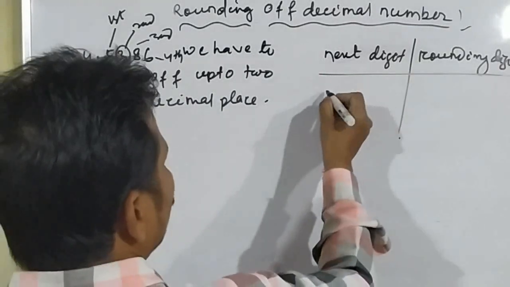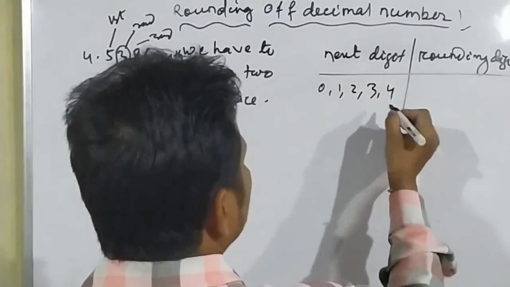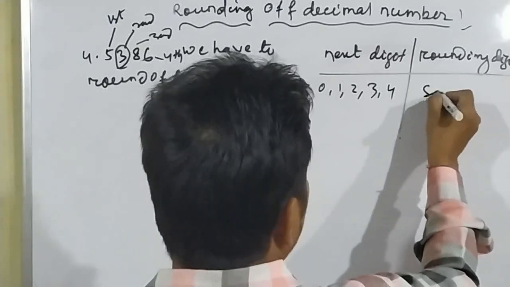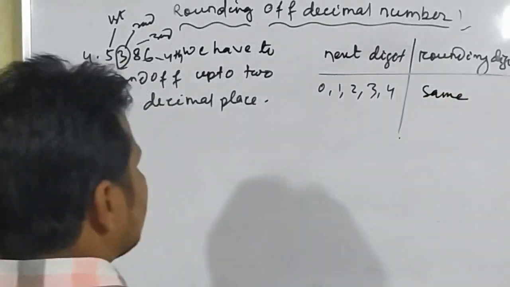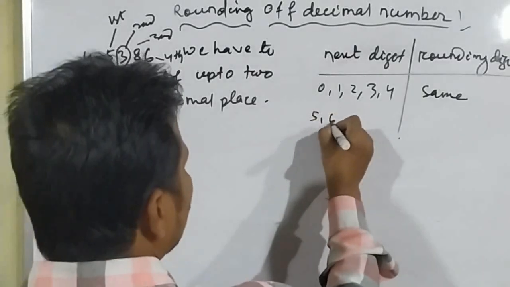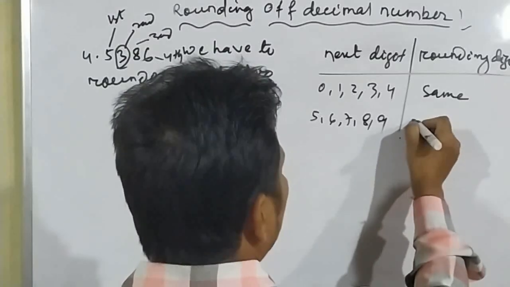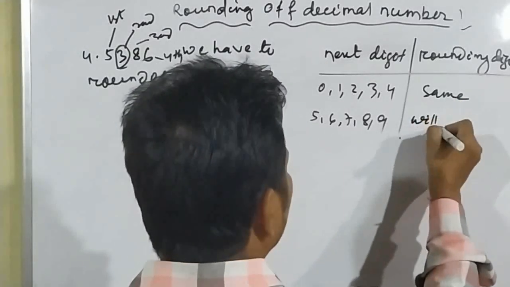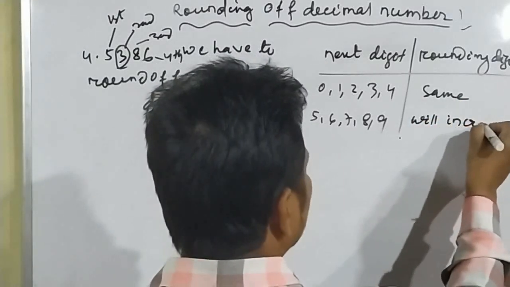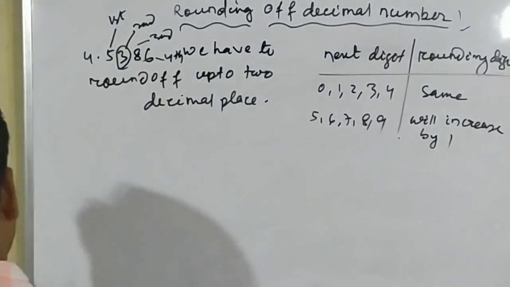If the next digit is 0, 1, 2, 3, 4, then the rounding digit will be the same. If the next digit is 5, 6, 7, 8, 9, then the rounding digit will increase by 1. So we have to follow these things.